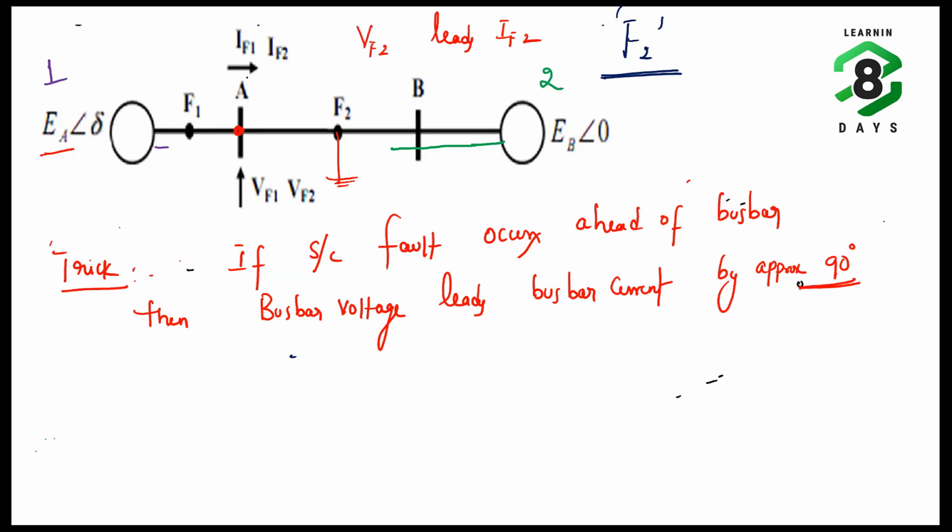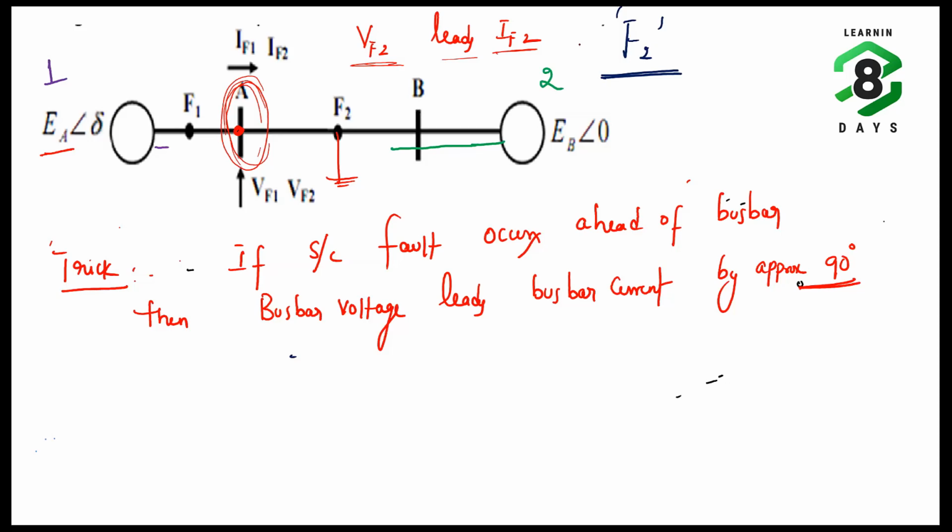Because he is asking the bus bar voltage and current phasor relationship. Since the short circuit fault is occurring after the bus bar, or ahead of bus bar, you can directly write the bus bar voltage leads the bus bar current.